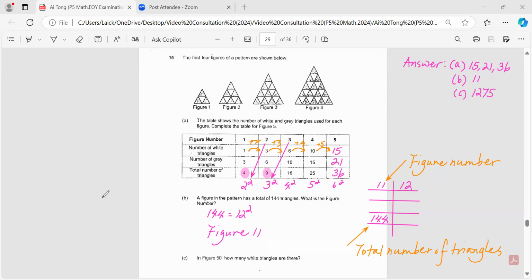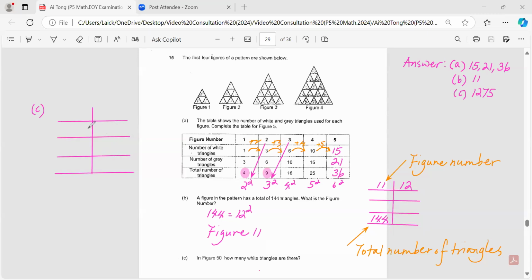So going back to part C, figure 50. Again, I will draw the columns. Okay.